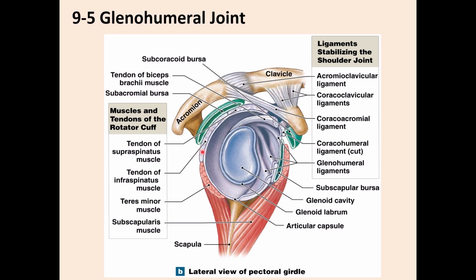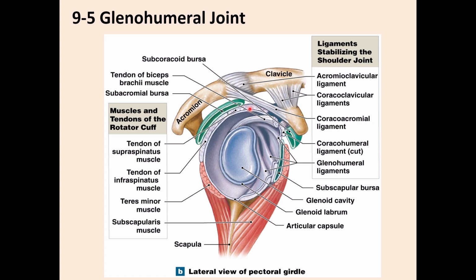This is the infraspinatus muscle tendon. This is the teres minor, and this is the subscapularis muscle. So the whole shoulder joint is covered by these four muscles and tendons. So the abbreviation of these muscles are called SITS, sits muscle.